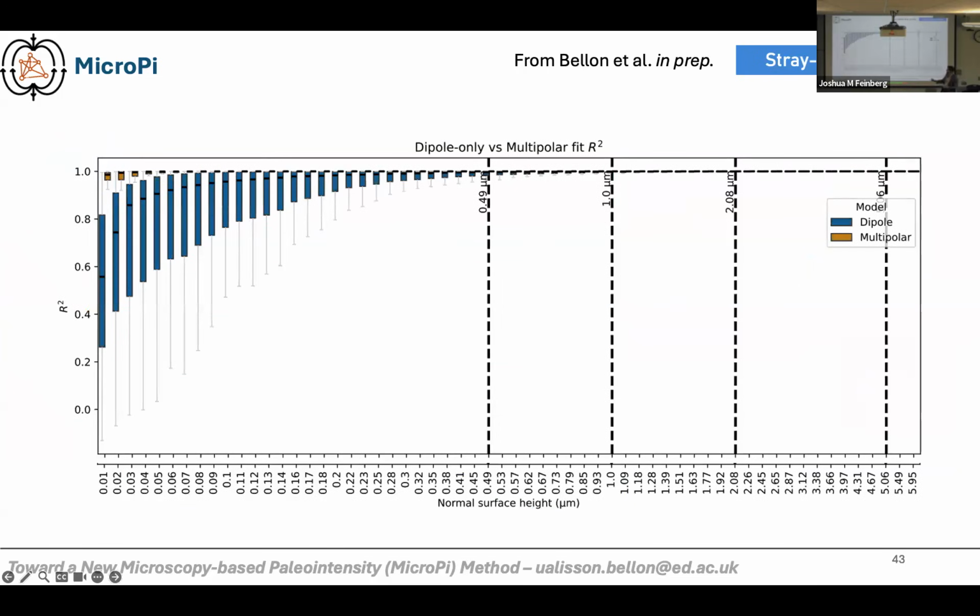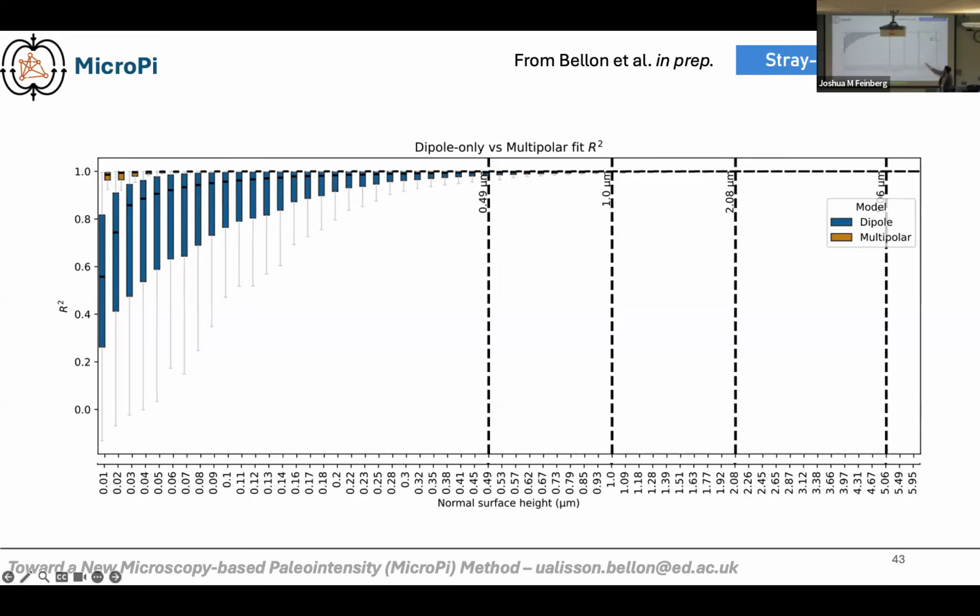And what you can see here in blue, in the box plots, the dipolar component inversion only behaves really badly if you're maybe 0.5 microns away from the source. So you can see in blue the box plots related to all of the models that we ran, and the R-square, which basically measures how much of the variance is explained by the model.